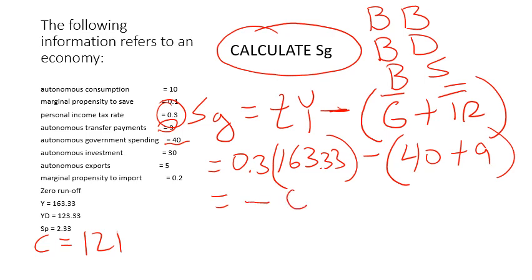Negative 0.001. So it's very close, once again, to a balanced budget. All right, we might be looking at a religious miracle here. So, all right, let's leave it at that.